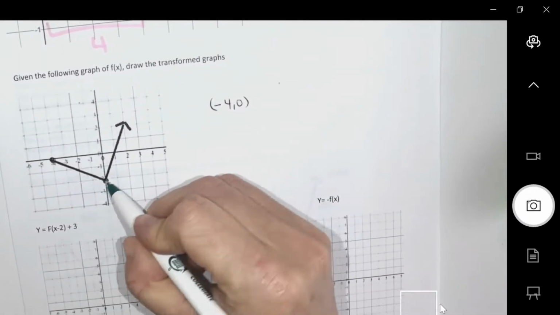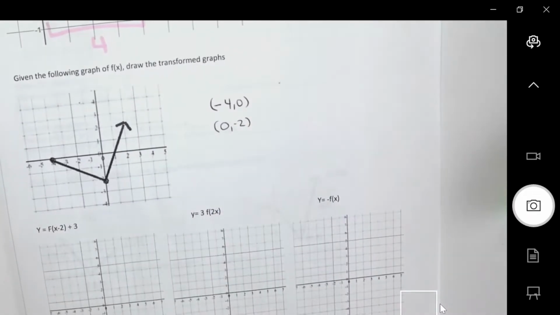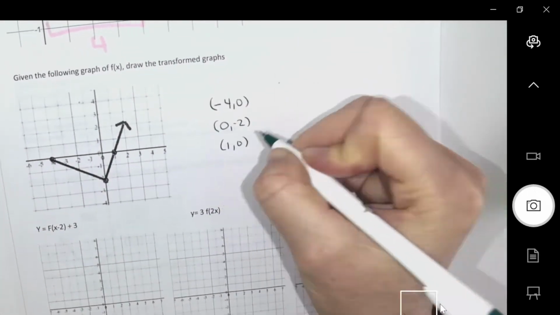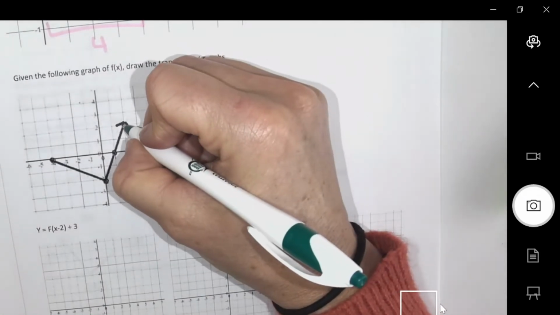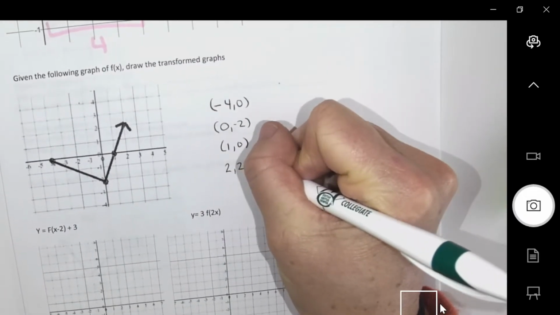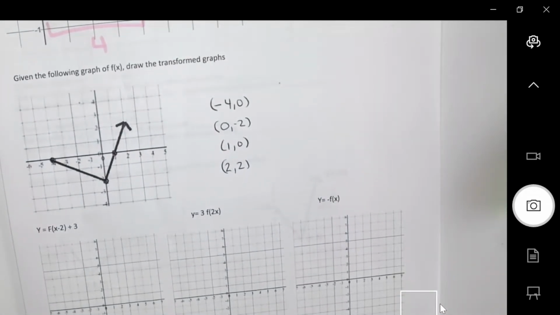Probably 0, -2. I'm probably going to take 1, 0. And I think I would like to do 2, 2, right at the arrowhead. Okay, so I took a sample of points to get a pattern.